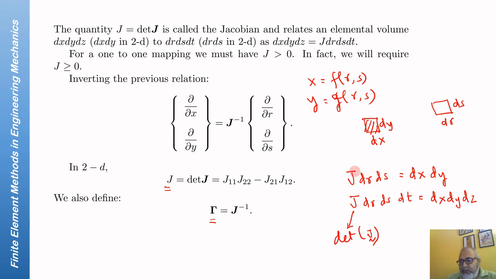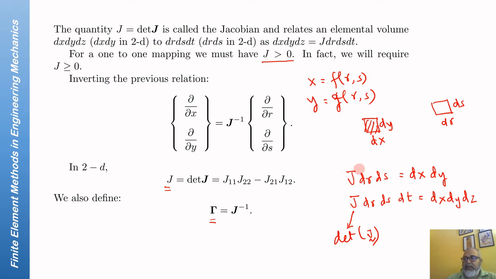One is, if J is equal to 0, then we are basically saying that the volume dx dy in the parent coordinate system shrinks to 0, shrinks to a point, which is not possible in a one-to-one mapping, and therefore we will require mappings for which J is strictly greater than 0.